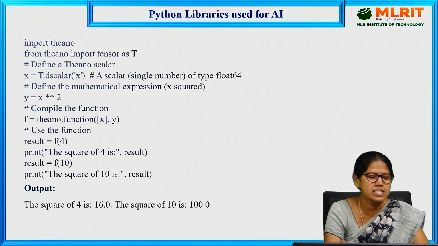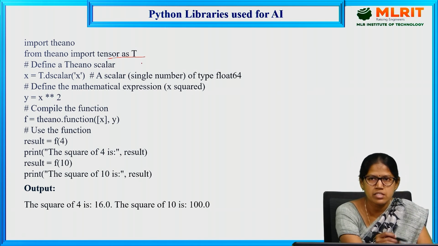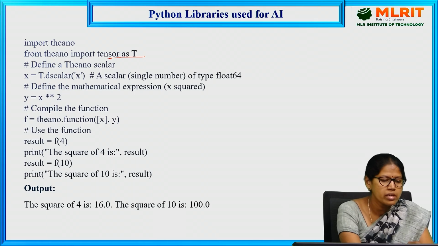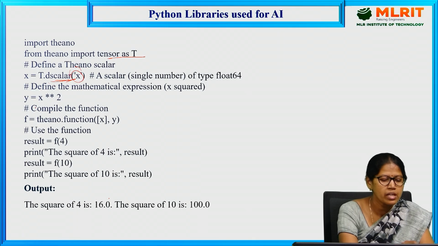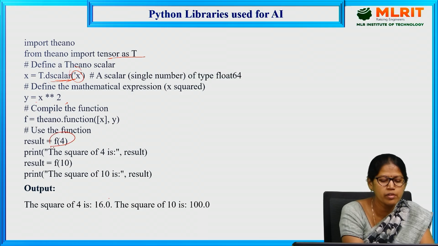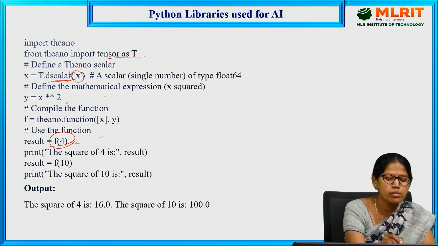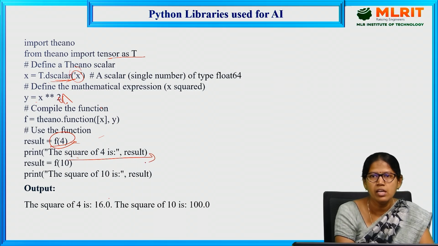Okay, let's see the example. So import Theano, import tensor. It also works on tensors, like a scalar. So here we are giving x, later x power 2. After that, whenever we perform f of 4, by default it will perform the operation and print the result.